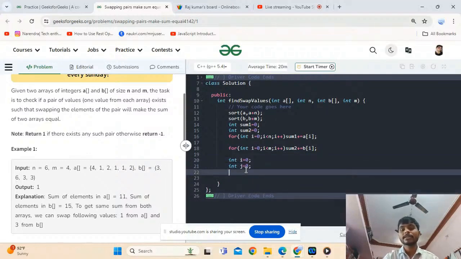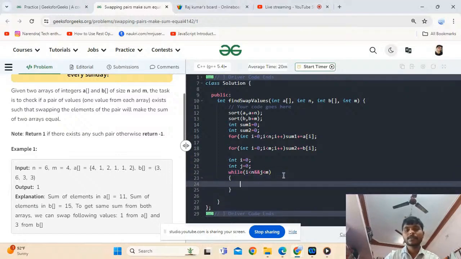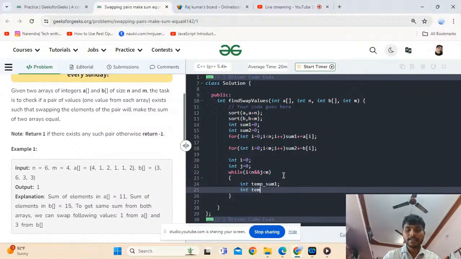I am taking two pointers here, while I less than n and j less than m. Here I am taking two variables, int temporary sum 1 and temporary sum 2.